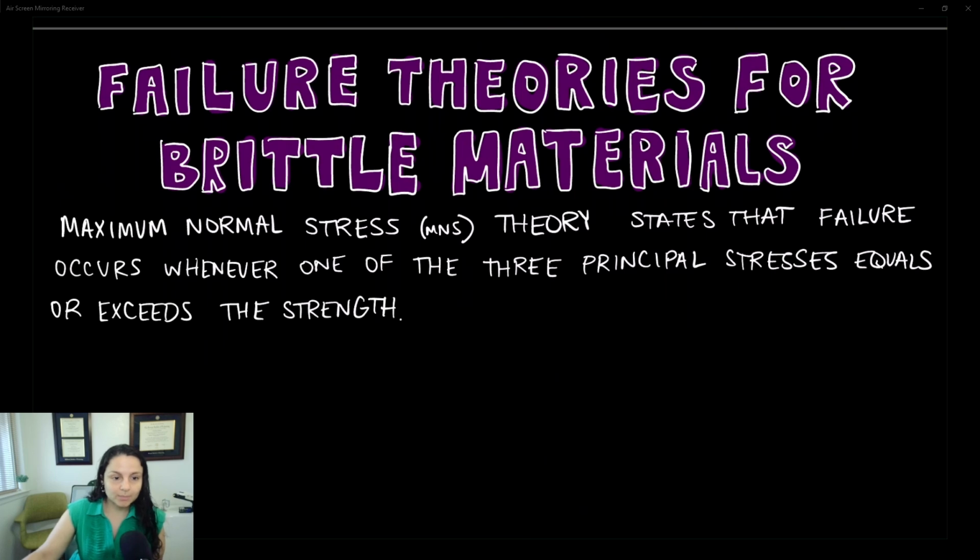Okay, so the maximum normal stress theory states that failure occurs whenever one of the three principal stresses equals or exceeds the strength. So this is really the most straightforward failure criteria mathematically of any of the failure criteria that we are going to cover.